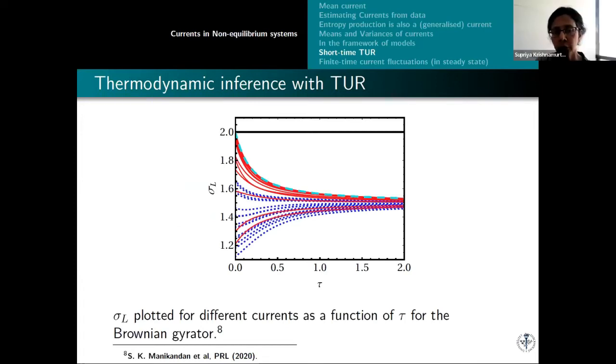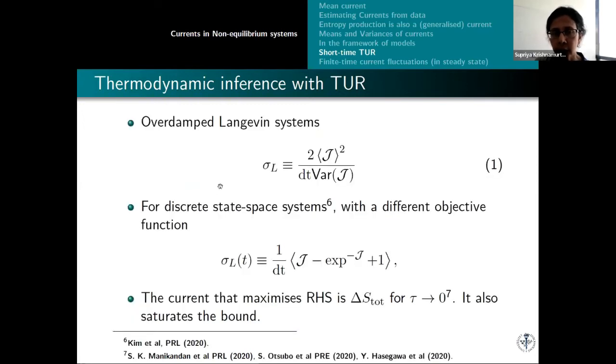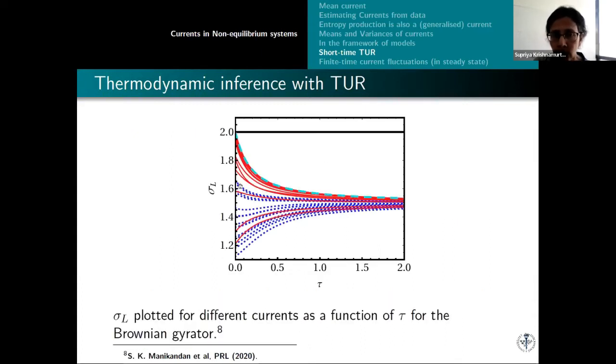Yes, so for this Brownian gyrator, which I referred to, we looked at the sigma L. It's an overdamped Langevin system, so I can consider this quantity for different J, that is, all these different kinds of currents. And this is the tau, the segment over which I chop up my data.